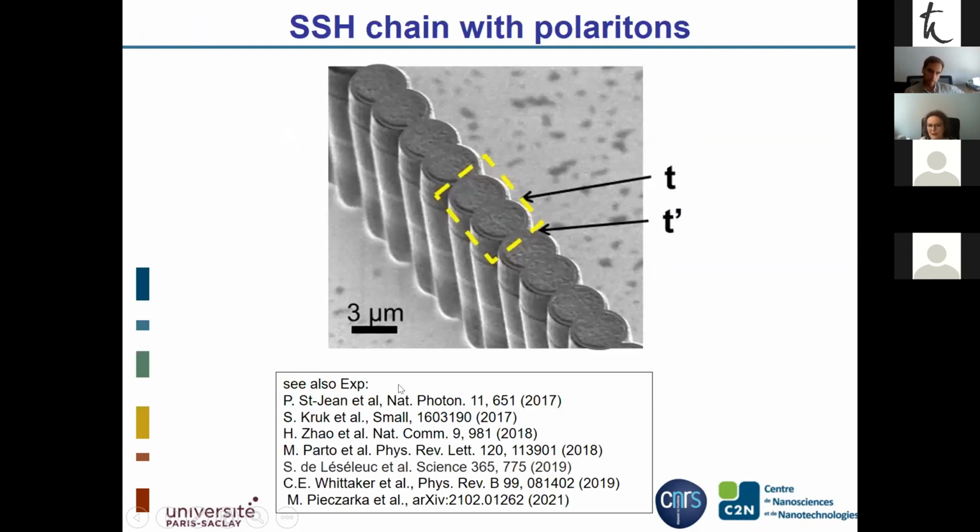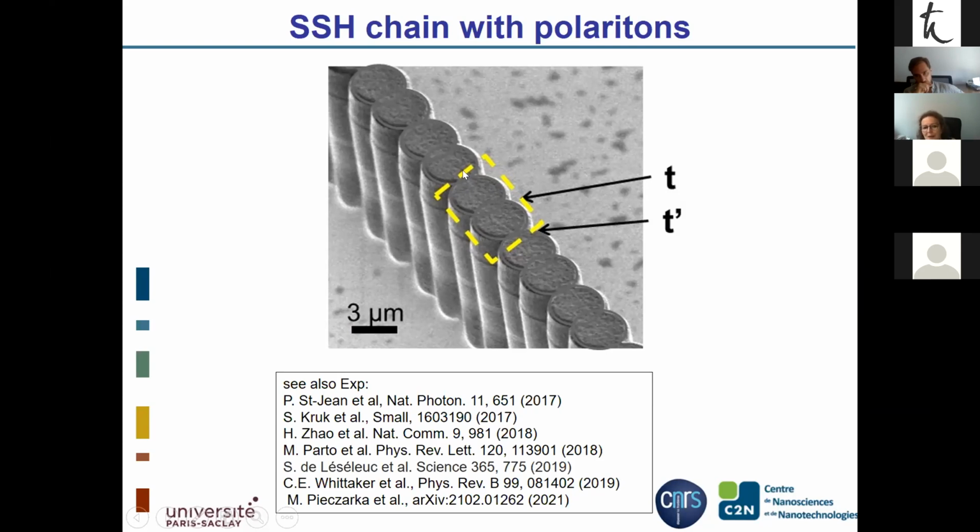So then to fabricate an SSH chain, what we need is to modulate the coupling. And so this is actually an SSH chain. What you see is that here, the distance between the two pillars is quite large. They are almost touching each other at their edge, whereas these two really interpenetrate each other. So this T is larger than this one.